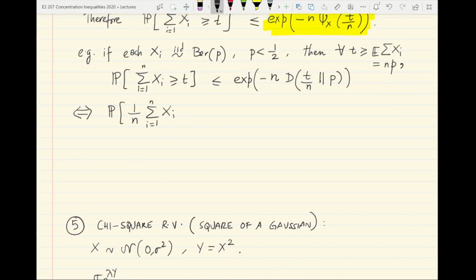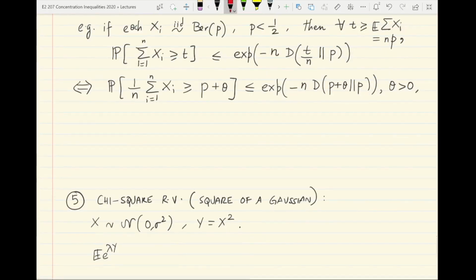So the probability that the sample mean of n Bernoullis exceeds the true mean p plus a positive number theta is at most e raised to minus n D of p plus theta relative to p, okay, for theta greater than 0.